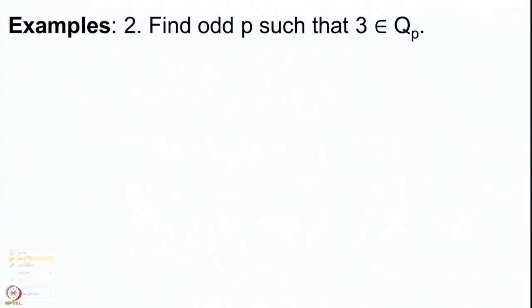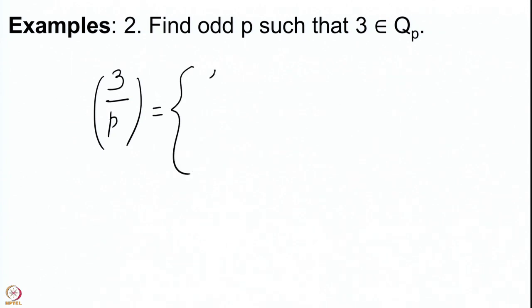So, when p is congruent to 1 mod 12, both the numbers p by 3 and minus 1 to the power (p minus 1)/2 are both 1. So, their product is 1, and therefore we get that 3 by p is equal to 1 for p congruent to 1 modulo 12.